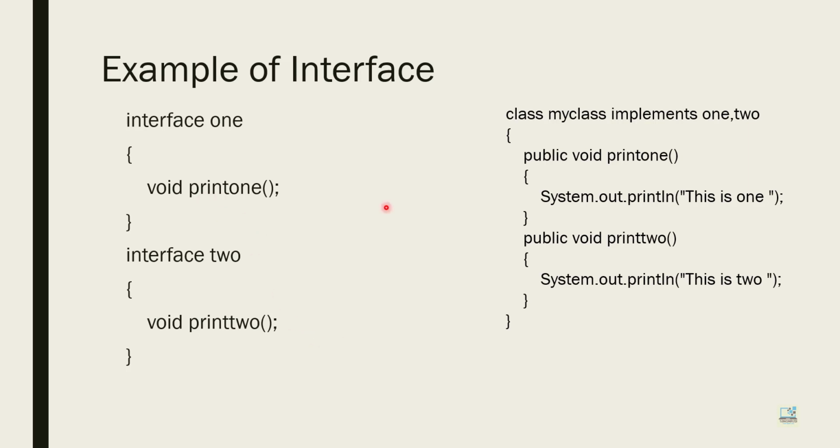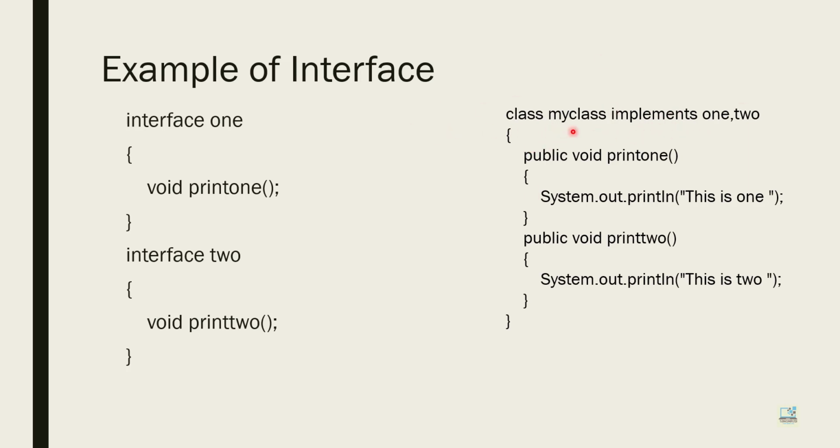Now when you are deriving a class, like I have derived the class MyClass, I have written implements Interface1, Interface2. Normally when we do inheritance programming, we write class MyClass extends and then the base class name. We write the extends keyword in normal inheritance programming, but here with interfaces we write implements.